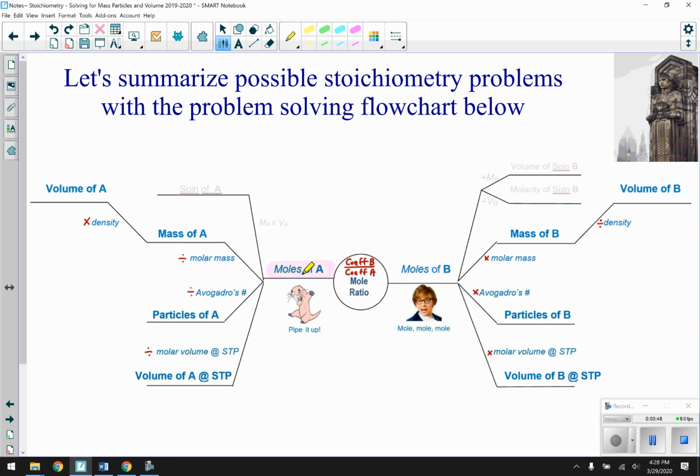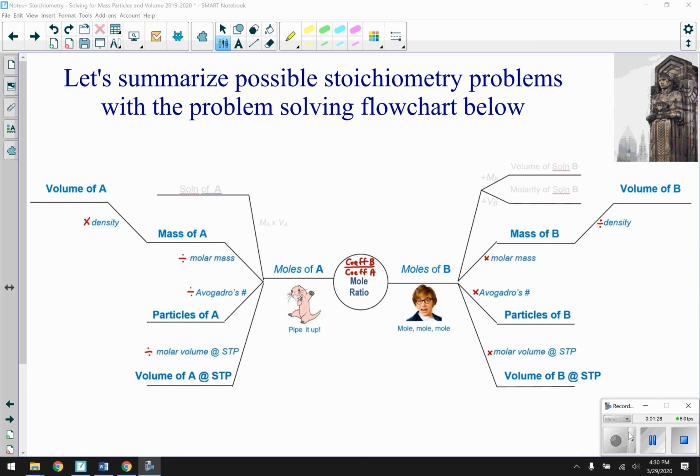Once you have moles of A, you're on your way, because you can then apply the mole ratio, which is always the coefficient of B over A. When you're done applying the mole ratio, you end up with moles of B. Then in sample problem number 1, we wanted to find grams of oxygen, so we wanted to go to mass of B. How do you go to mass of B from moles of B? You use the molar mass, and we saw that we multiplied by the molar mass.